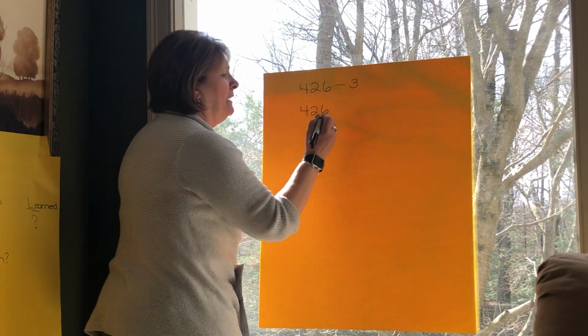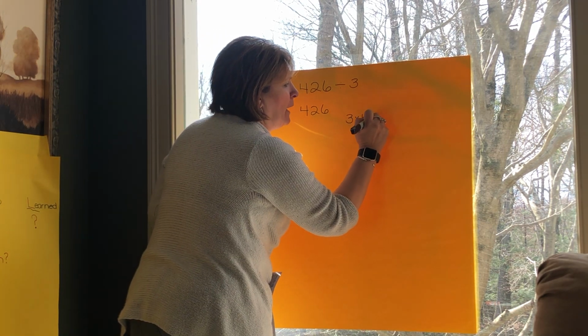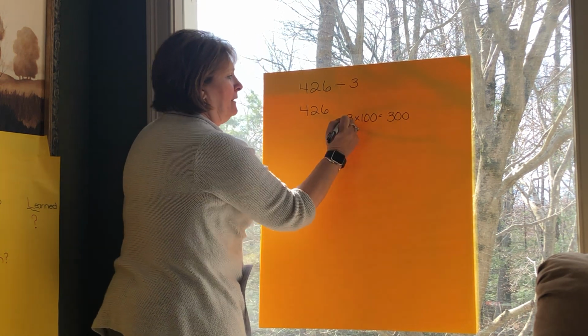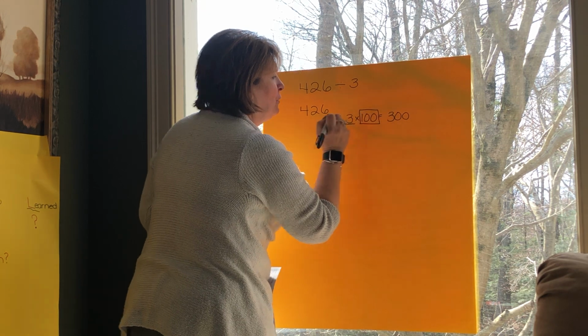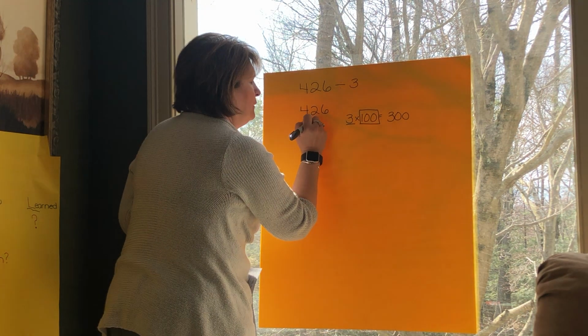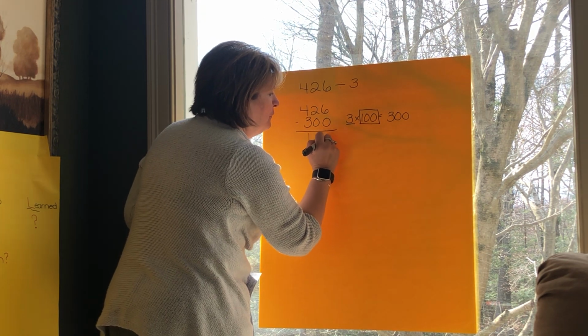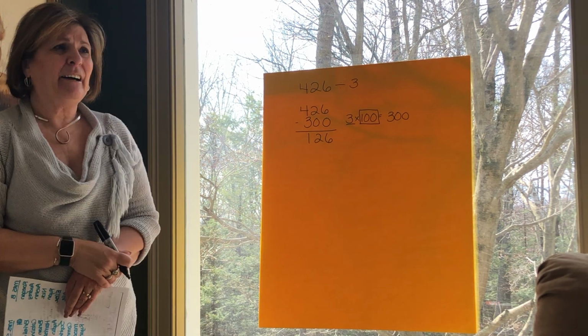So you say, if I know that 3 times 100 equals 300, I'm going to start with that. I'm going to take 100 groups out. If I do that, I have 300, and I'm left with 126 that I still have to deal with.